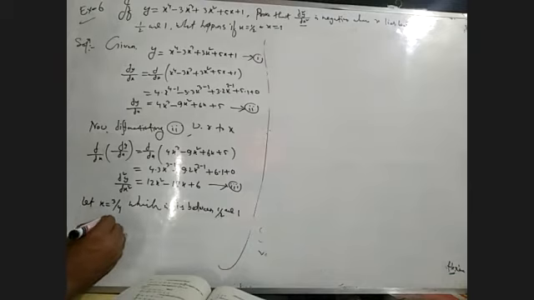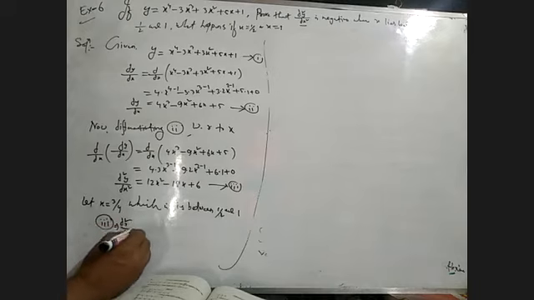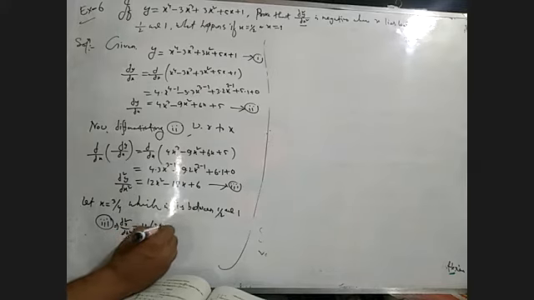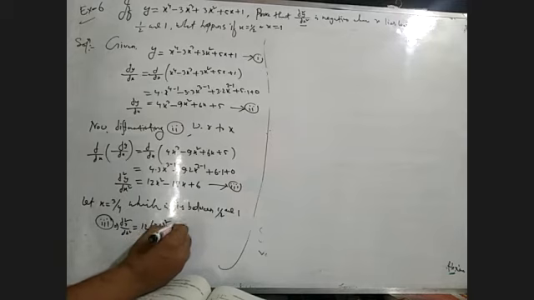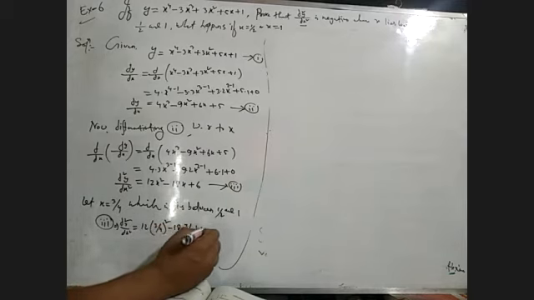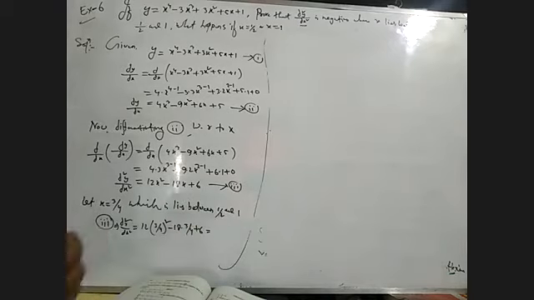From equation number 3, d square y dx square equals 12 into 3 by 4 whole square minus 18 into 3 by 4 plus 6.